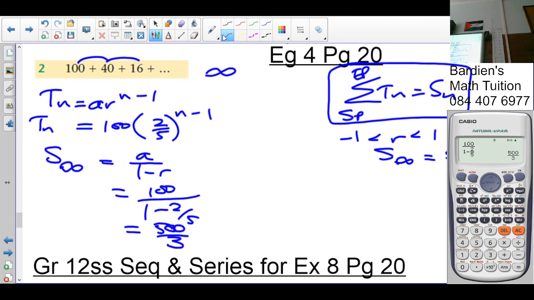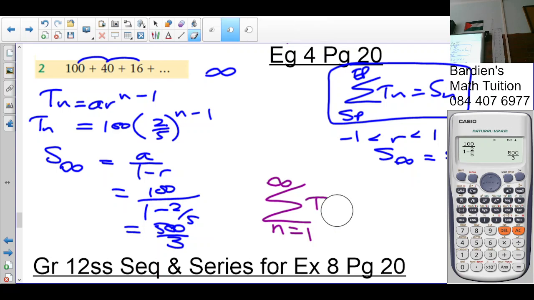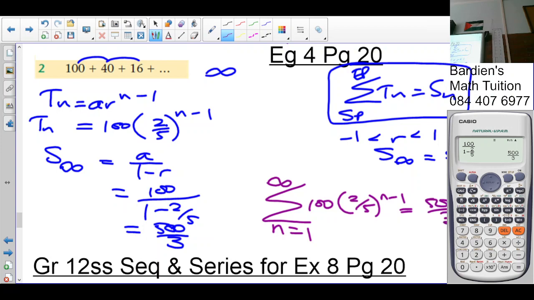But have I answered the question? No? They wanted you to write it in sigma notation. So we start again when n is equal to 1. And it's carrying on to infinity, the sum to infinity. Your general formula, Tn, is going to be 100 into 2 over 5 to the n minus 1, and it is equal to the sum of terms, which is 500 over 3.